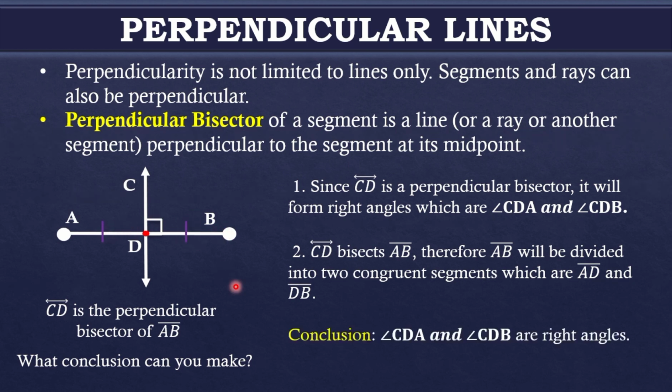So, ano ang mga conclusions natin dito? Angle CDA and angle CDB are right angles. Aside from that, AD is congruent to segment DB. So, pag congruent, ito po yung symbol na ginagamit natin. So, again, if it's a perpendicular bisector, this will be our conclusion that these two segments are congruent and we can form two right angles.